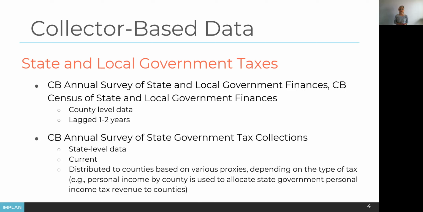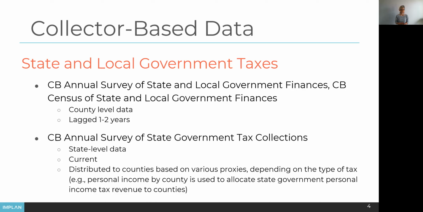When we use them annually, they're lagged by 1 or 2 years. Now the good thing is that we just use these as distributors of current data. So it's not too bad that they're lagged a year or two, but I'll show you in a later slide how in some cases, that is not ideal.